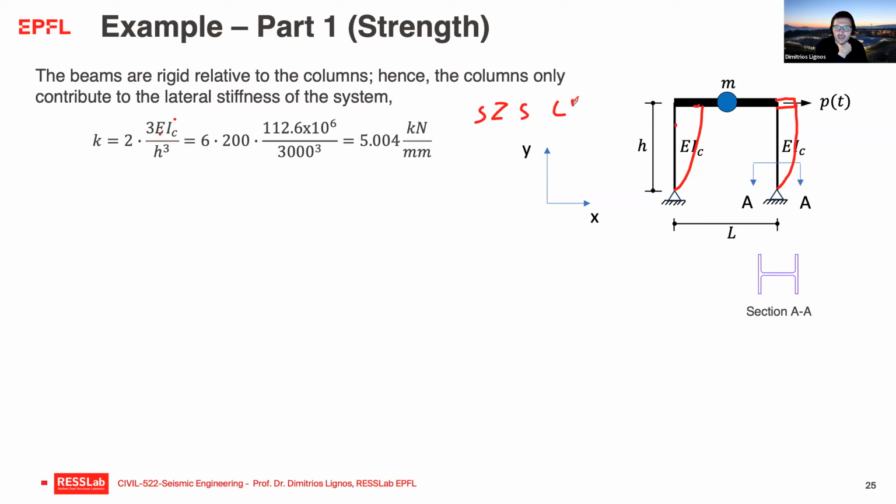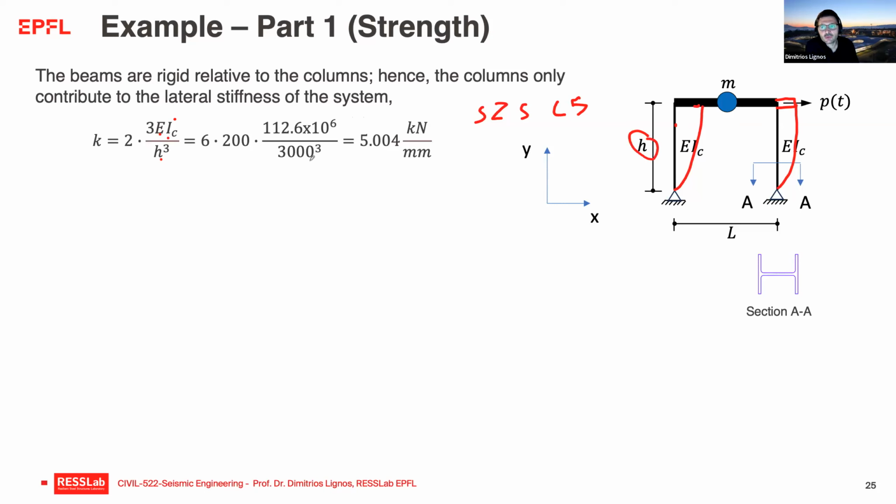manual, or if you haven't done your undergraduate steel courses at EPFL, if you take a table to read the properties of the HEB 240, you will notice that the corresponding moment of inertia is going to be 112.6 times 10 to the power of 6 millimeters to the power of 4. The height of my columns here is 3 meters.